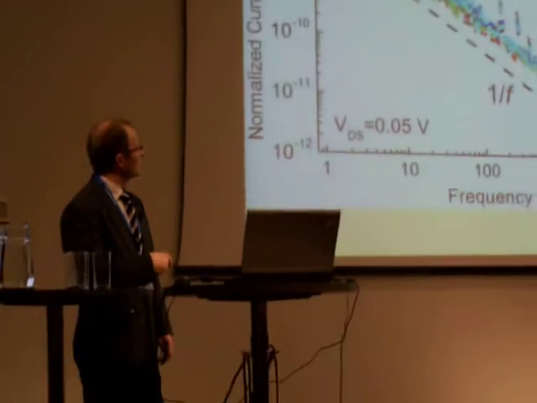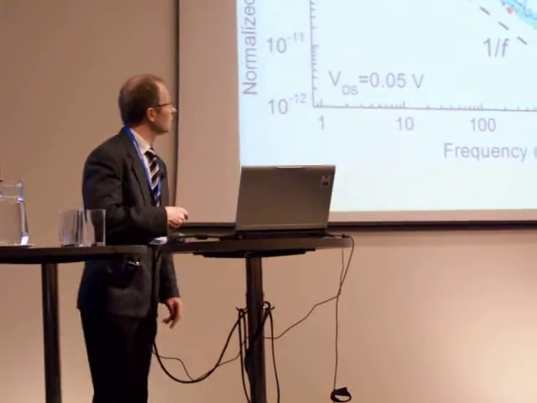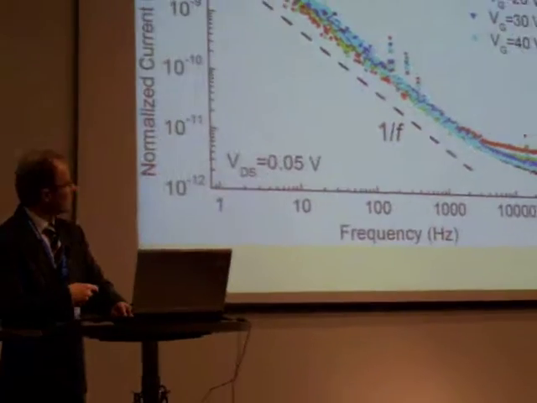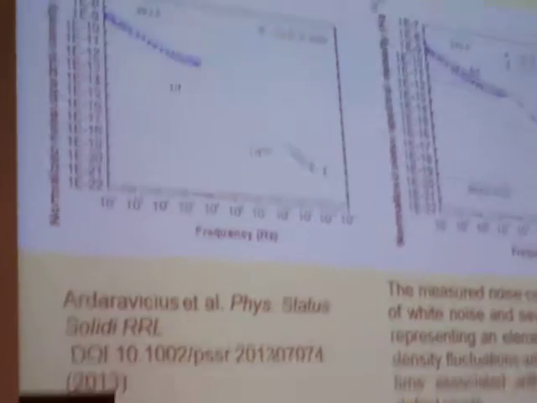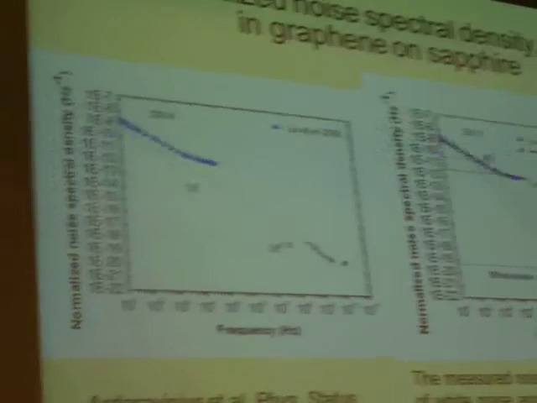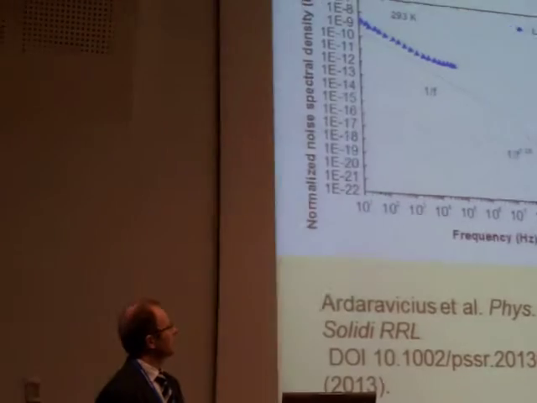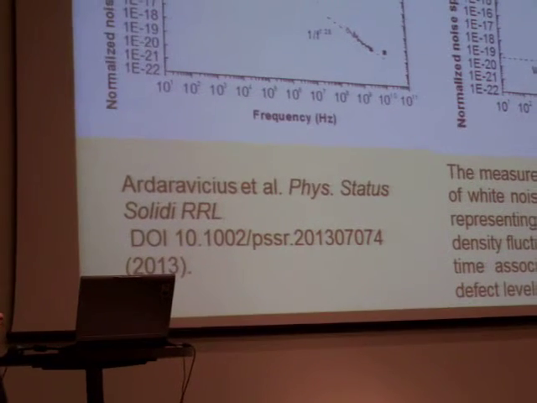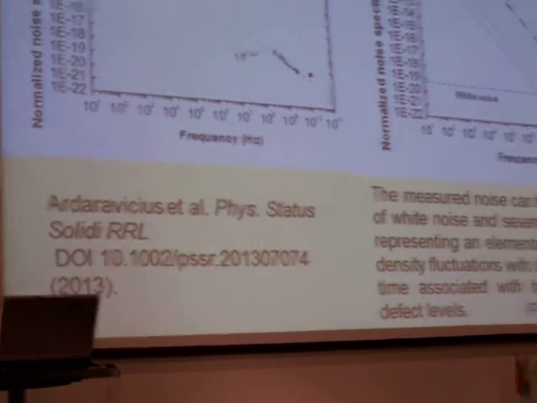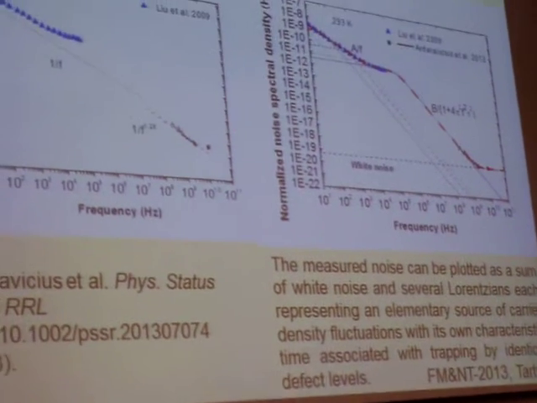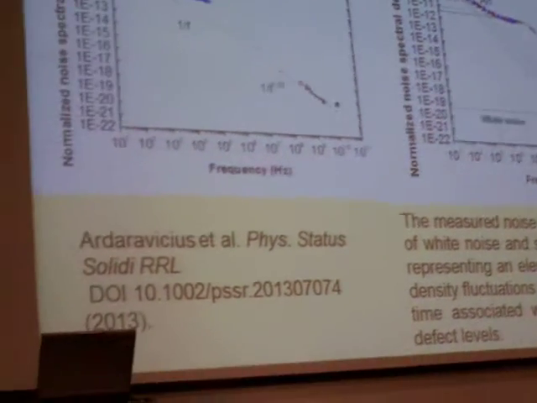The contacts may also play an important role in 1 divided by f noise. So in our case, for graphene, the normalized spectral density from 1 Hz till 10 gigahertz can be plotted as a sum of several Lorentzians and a white noise contribution.